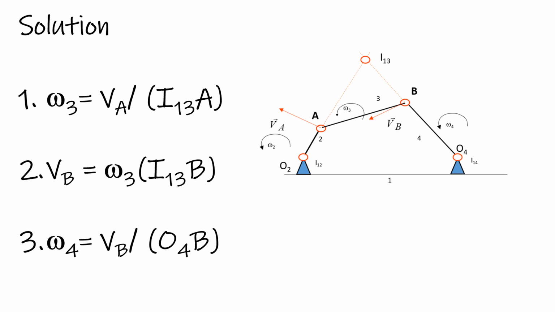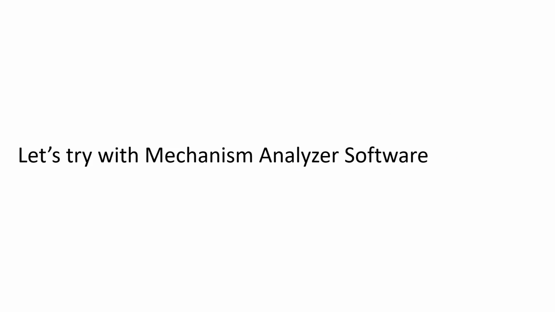Solution: omega 3 will be VA divided by I13A, VB will be omega 3 into I13B, and omega 4 will be VB divided by O4B. You can try this sum using mechanism analyzer software.